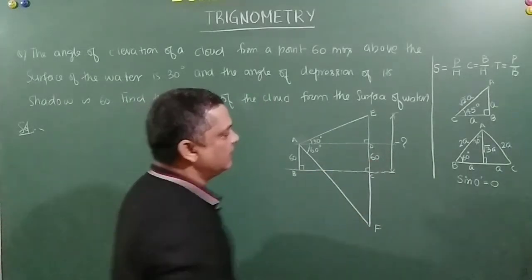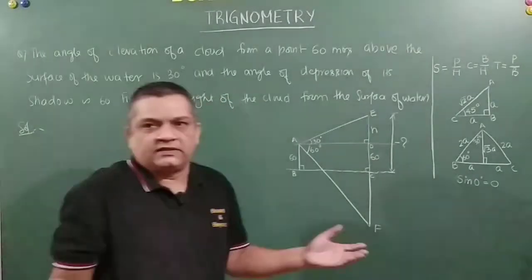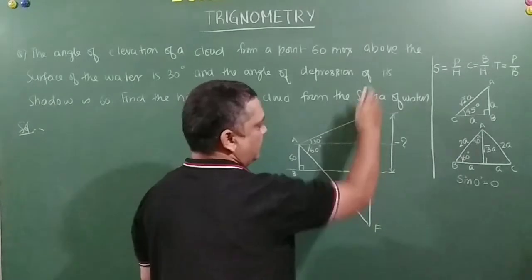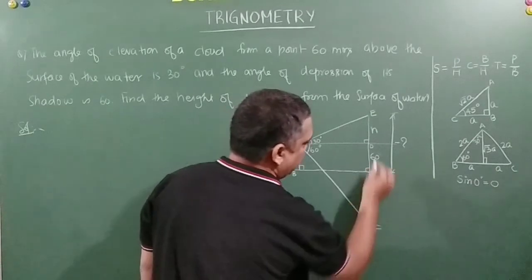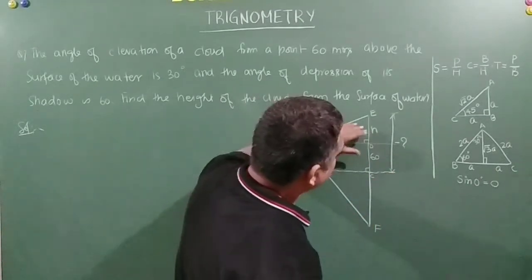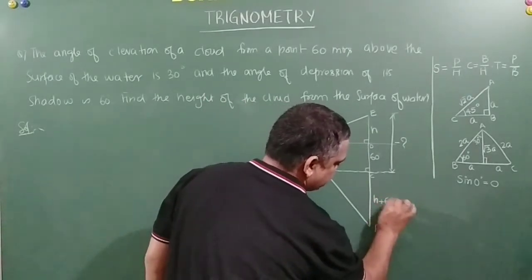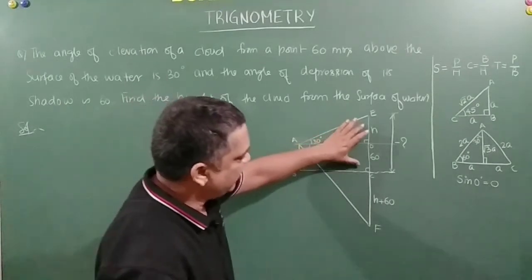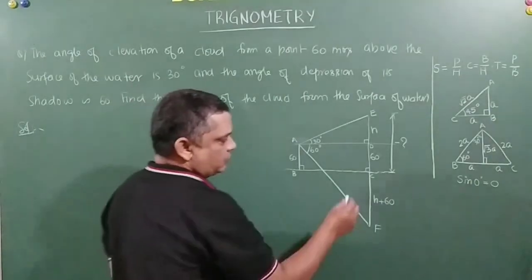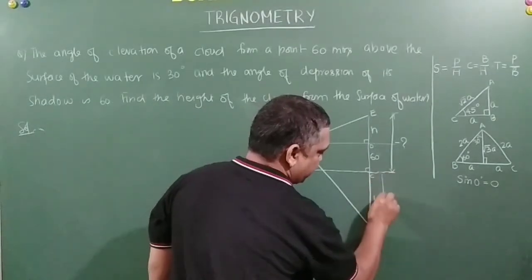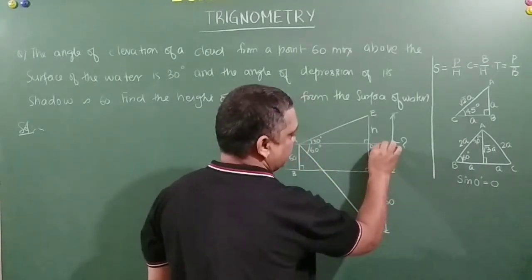Let us call this h, the height of the cloud from this point after 60 meters. So if this is h and this is 60, friends, this will be h plus 60. Both heights put together will be equal to this, right? So I'll just mark it for marking purpose.